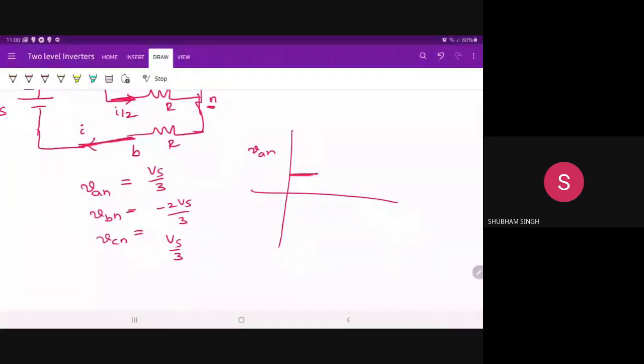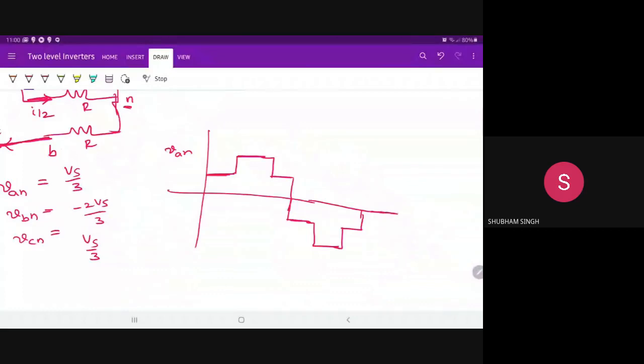This magnitude is Vs by 3, and this is 2 Vs by 3. There is no 0 here. So this is Vs by 3, this is plus 2 Vs by 3, this is minus Vs by 3, and this is minus 2 Vs by 3.